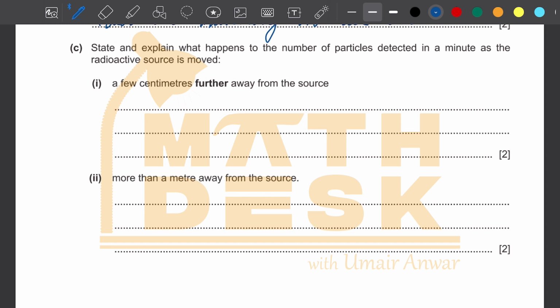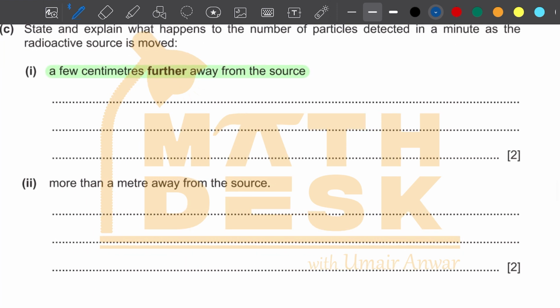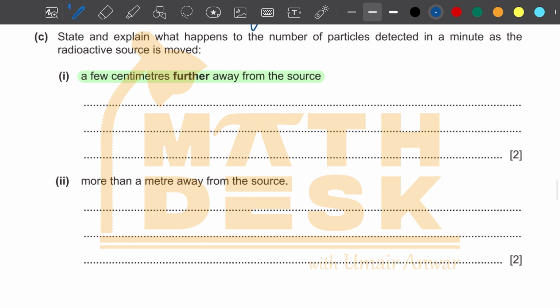In part C, the question says state and explain what happens to the number of particles detected in a minute as the radioactive source is moved a few centimeters further away from the source. So when the source is moved a few centimeters away from the source, the count rate or the reading of the counter would decrease slightly.